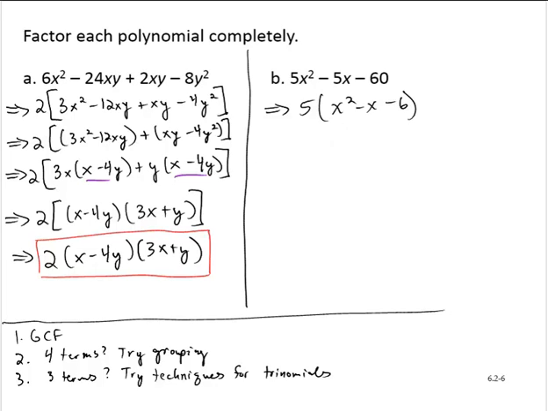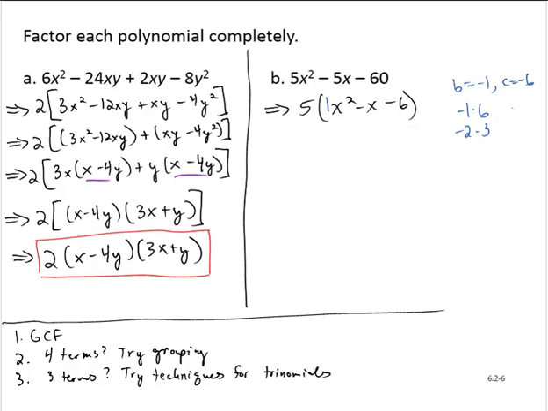So now, looking at that trinomial that remains, the x squared minus x minus 6, notice that my lead coefficient is 1. So I don't need to use AC, I can just use the inspection method with b equal to -1 and c equal to -6. Thinking of the factors of -6, I'd have -1 and 6, or -2 and 3.